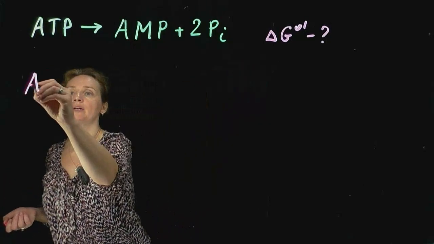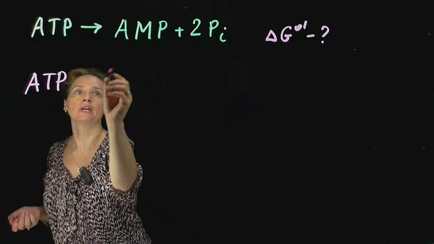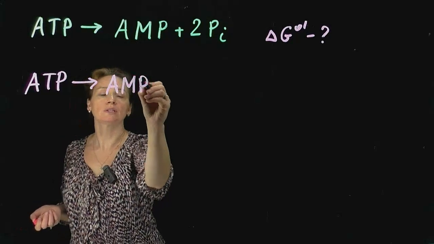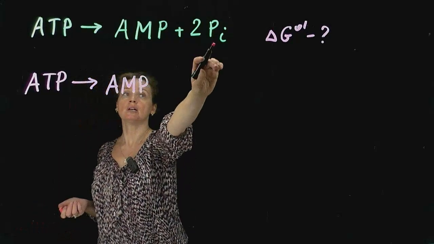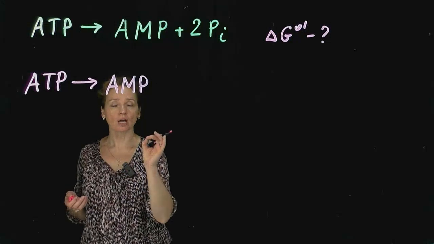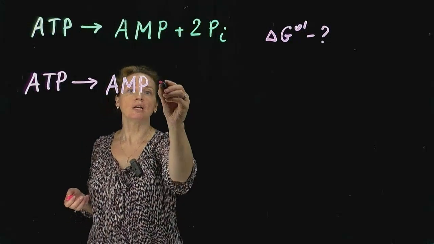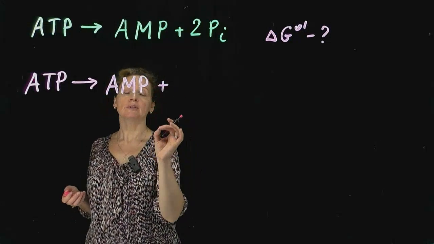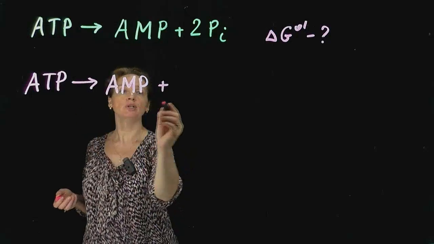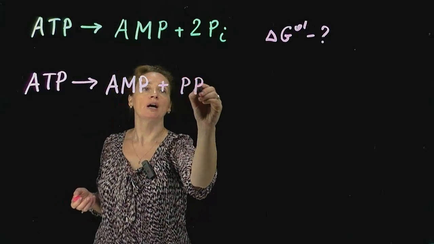For example, one of them is the hydrolysis of ATP into AMP, but the second product will not be two phosphate groups, because that's a simple reaction, so just one bond needs to be cleaved at a time. When we cleave the bond between beta and alpha phosphates of ATP, the second product will be pyrophosphate.